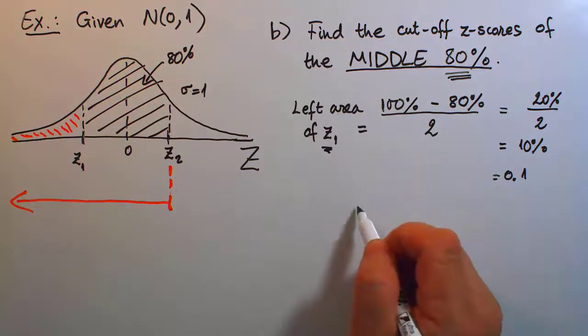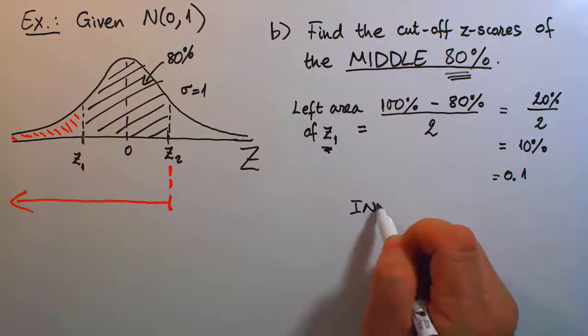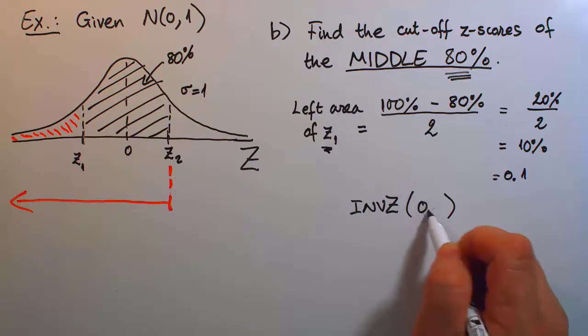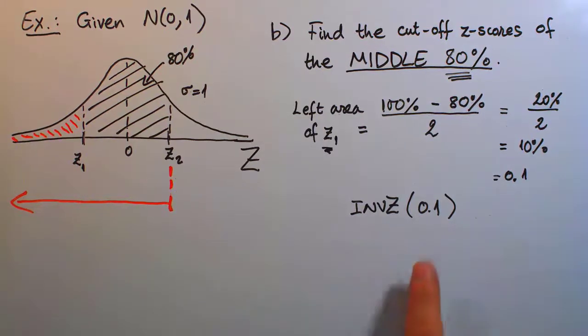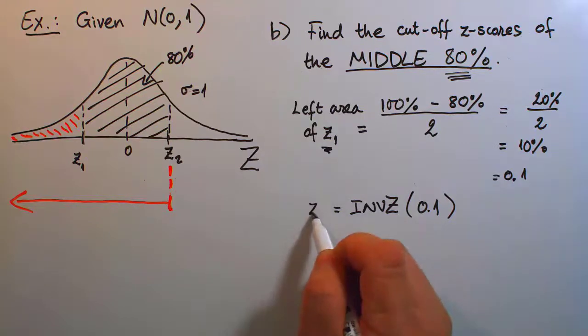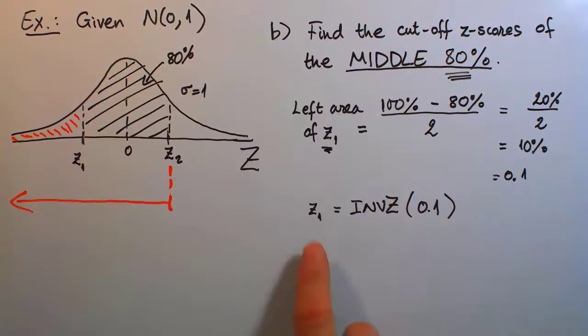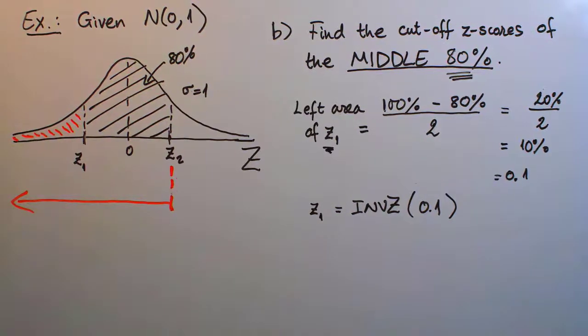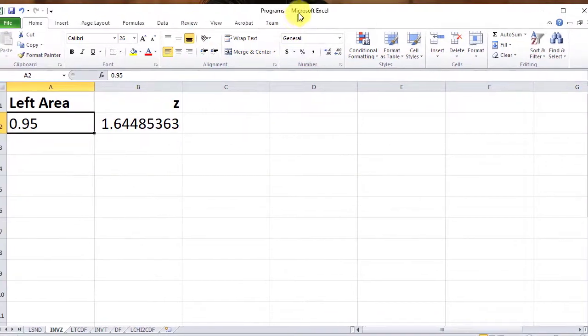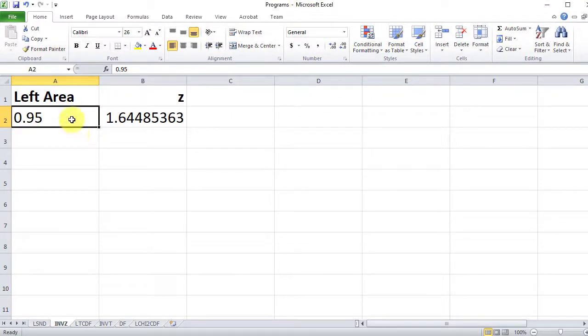So I'm going to run my INVZ program, and I'm providing 0.1 as the given left area. My value coming out of this program is expectedly my z1 value, my z-score 1, the low end right here. And so here's my z-score. Back into my INVZ program, now I'm going to go ahead and enter 0.1.